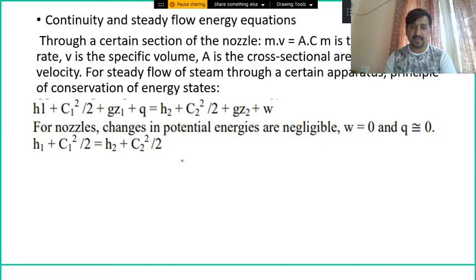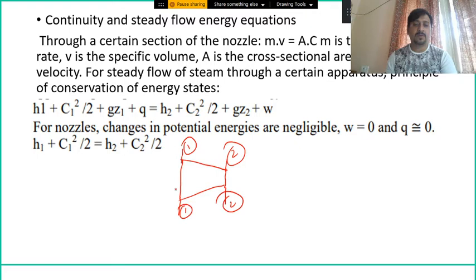So I will be showing here. Let us consider this as section 1 and this as section 2. What is the steady flow energy equation? It says the total amount of energy at inlet is equal to the total amount of energy at outlet. So we can say h1 plus c1 square by 2 plus z1 plus q is equal to h2 plus c2 square by 2 plus z2 plus w.